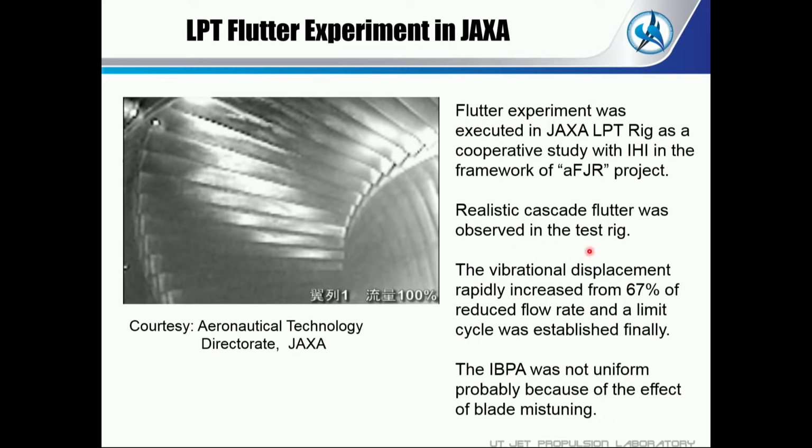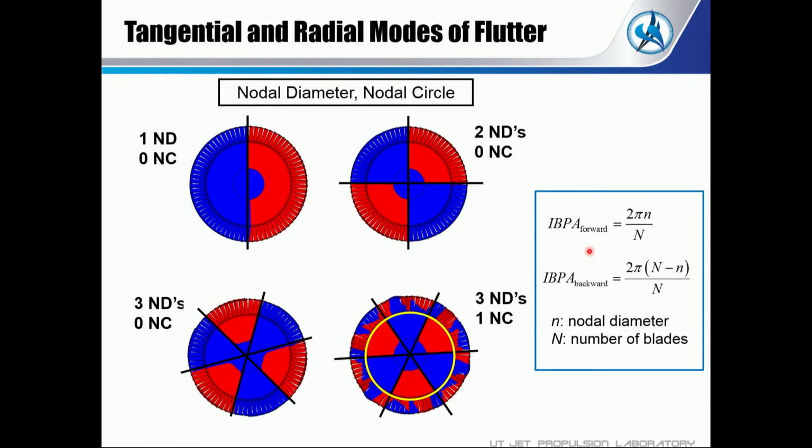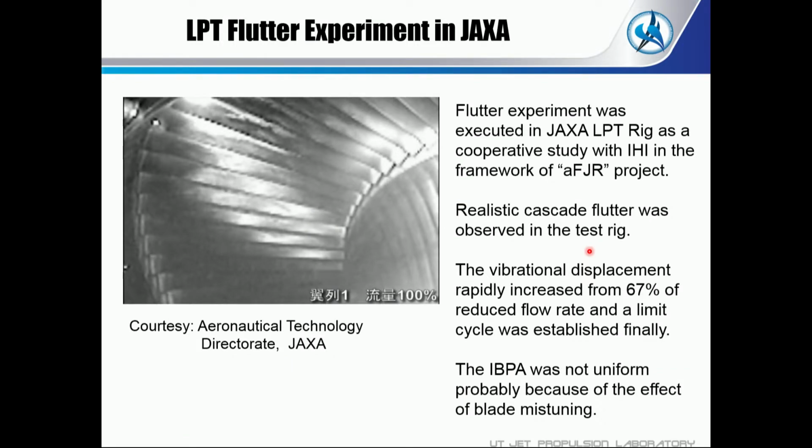If we detect the flutter, we have to stop the wind immediately. My student watched that and pushed the stop button, so he was very responsible. The vibration displacement rapidly increased from 67% of the reduced flow rate, and the limit cycle was finally established.